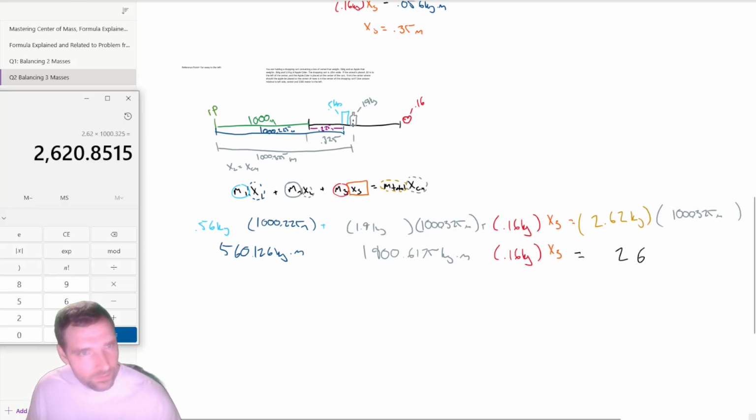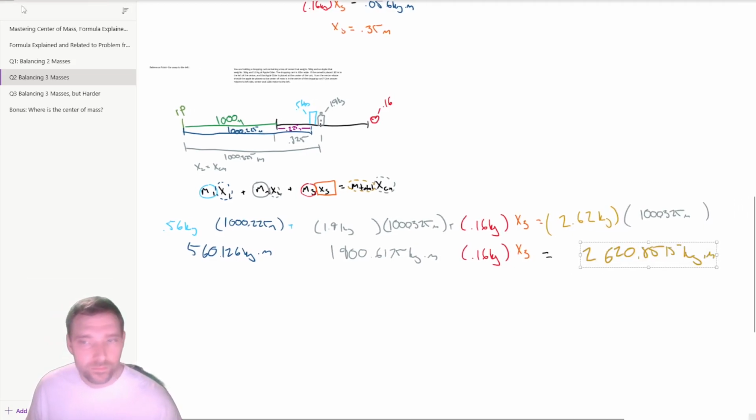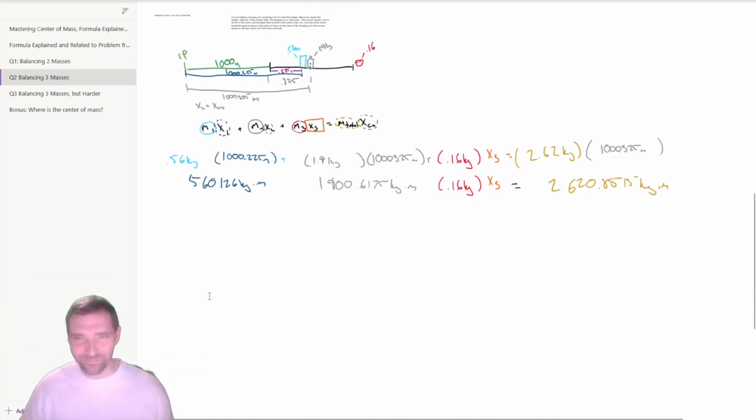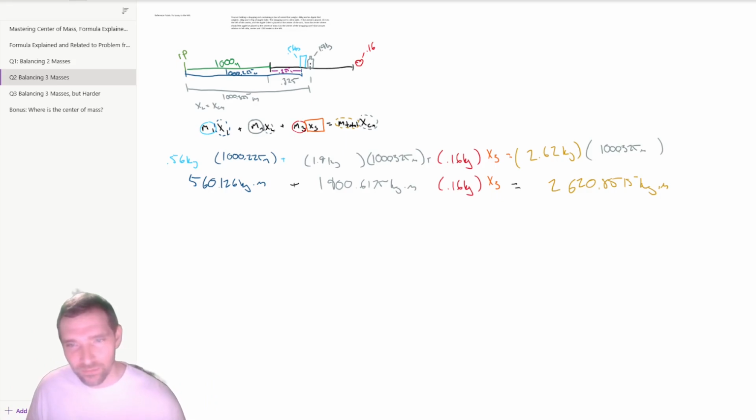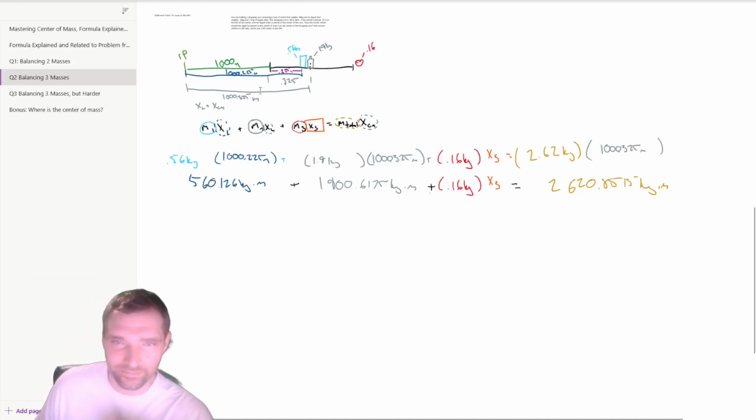So what's that? 2,620.8515 kilogram meters. We've got definitely some big numbers here, but you can see, just concept check wise, that you've got two positive numbers. They're helping, but we need another positive number to bring us up to that. So it does seem to match our reference frame.